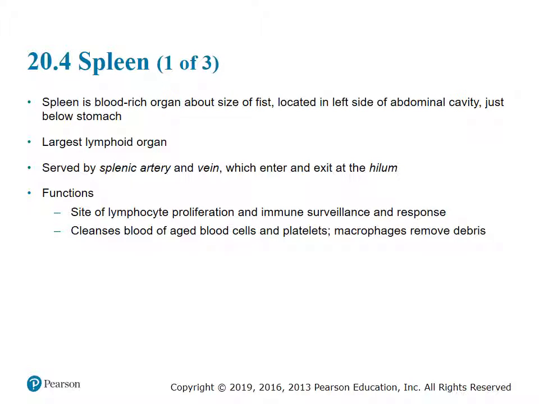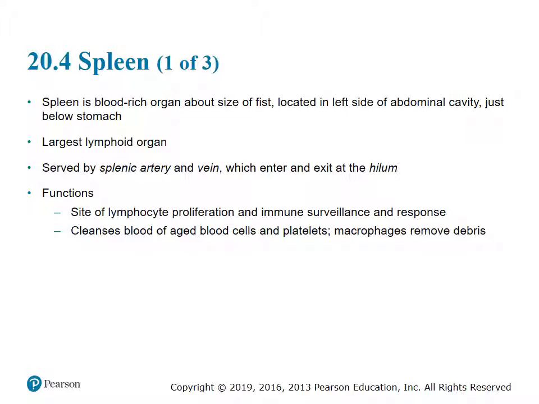Okay, the spleen. It's found on the left side of the abdominal cavity, just below the stomach. It's the largest lymphoid organ. It actually has a major artery and vein, we call it the splenic artery and vein.